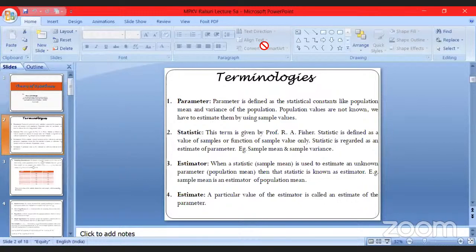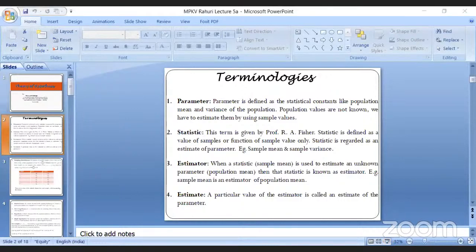Now it is visible, sir. Terminology is visible. Is it visible in the complete slideshow mode? Yes, sir. So what I had written till now, you haven't seen? No, sir. I was writing something like this. Have you seen that or not? I think you haven't, because the slide itself was not visible.